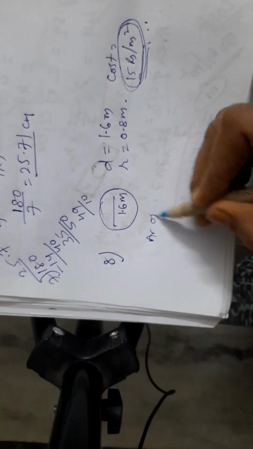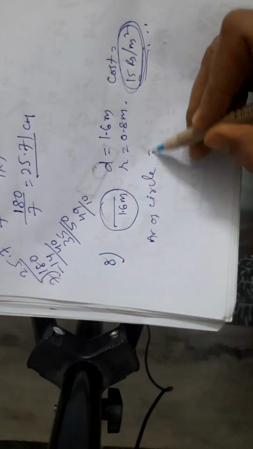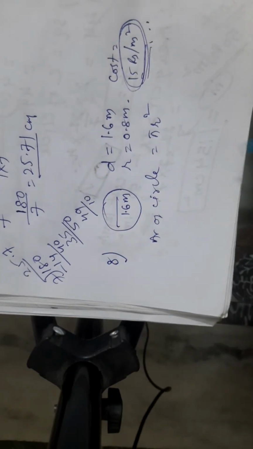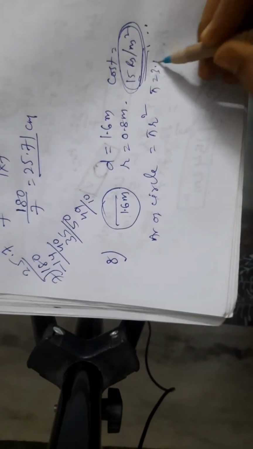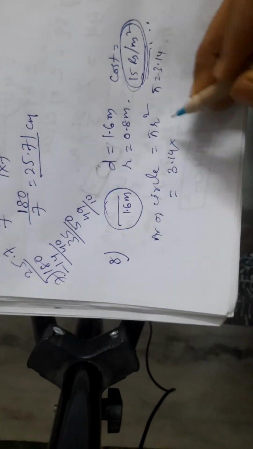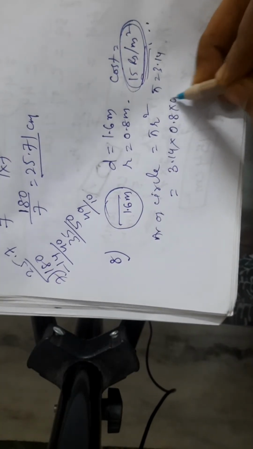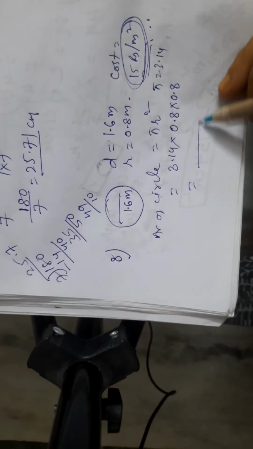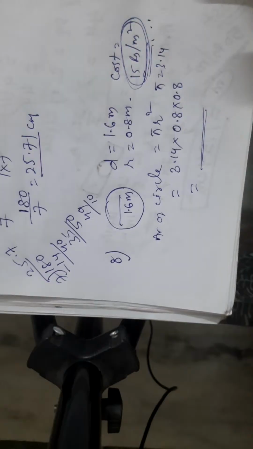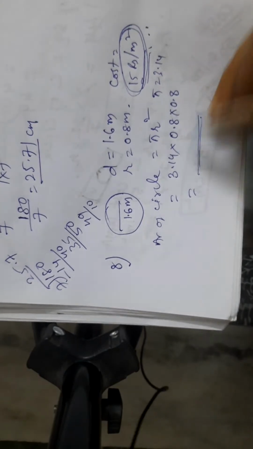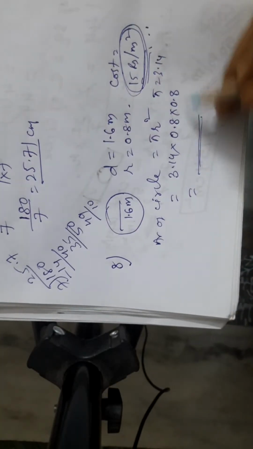So the area of a circle is pi r square. Now put in all the values. In this question it is given to take pi as 3.14. The radius is 0.8. So multiply all together. To whatever answer you get, we need to find the cost, which we will calculate by the unitary method. So 8 8s are 64.